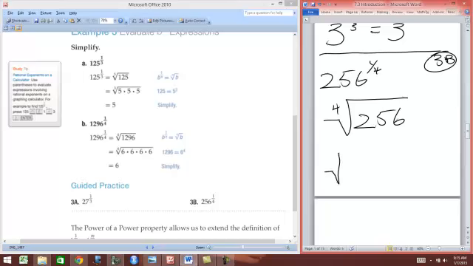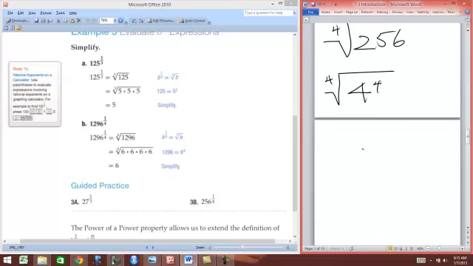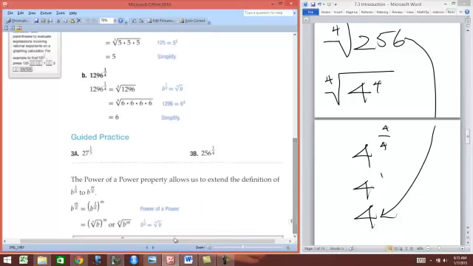So the 4th root of 256 is the 4th root of 4 to the 4th, which is 4 to the 4 over 4, which is 4 to the 1st, which is 4. Like I said, if you want to go from here right to here, that's okay, as long as you understand how you're getting there. That's the main thing, okay?